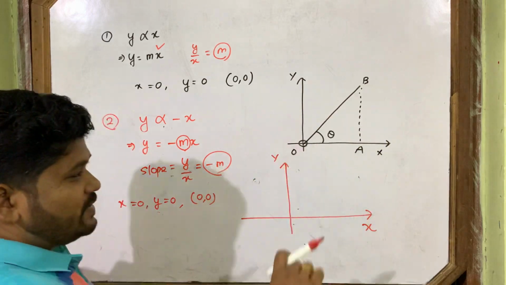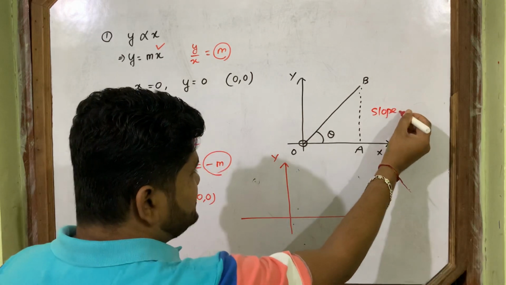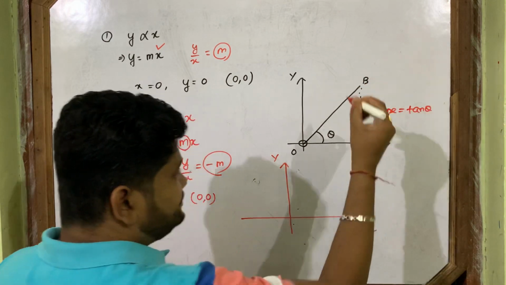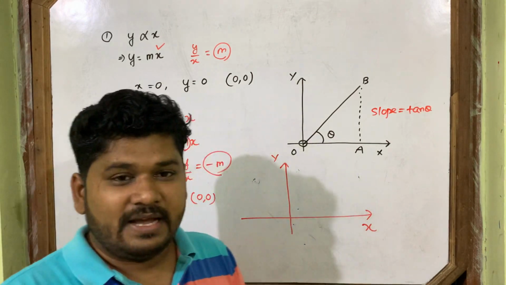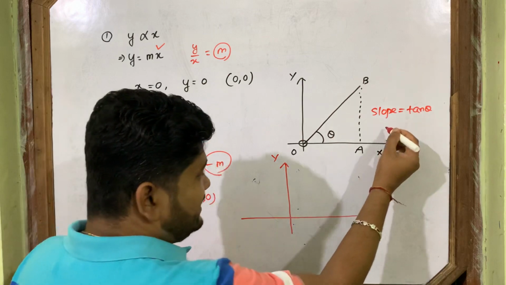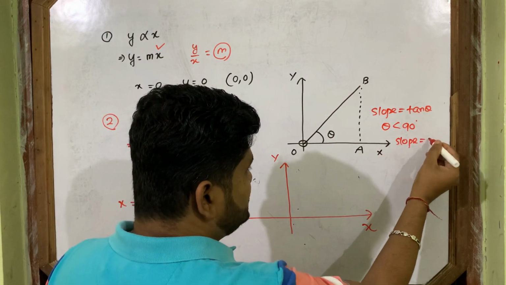In this case, slope is what? When you find tan theta, slope is equal to tan theta. Here theta is less than 90 degrees. As theta is less than 90 degrees, slope is positive.